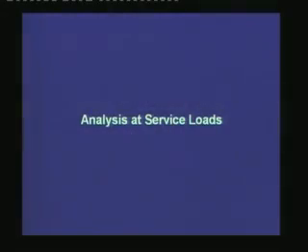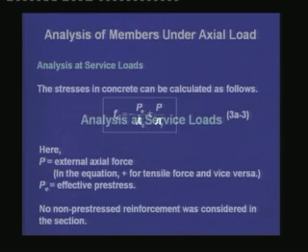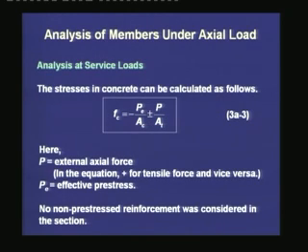Next, we are studying the analysis at service loads. The stresses in concrete can be calculated by the following expression, where the stress is equal to minus PE by AC plus or minus P by AT. PE is the effective prestress, which is after the long-term losses. AC is the area of the concrete.